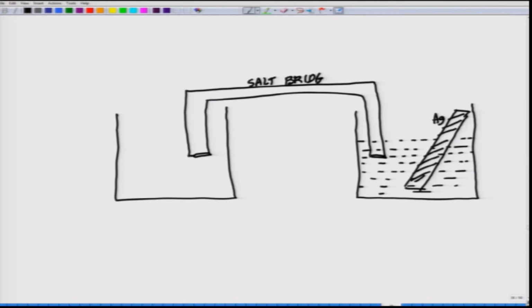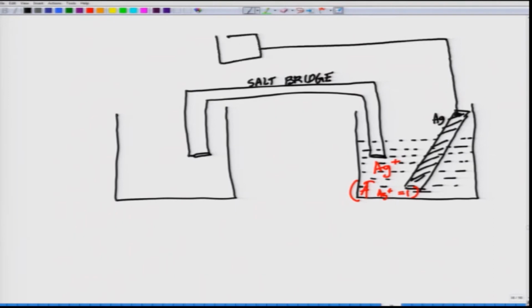Here the activity of Ag plus is equal to 1, and on the other side what we have is the voltmeter sitting here, which is the positive terminal of the voltmeter.